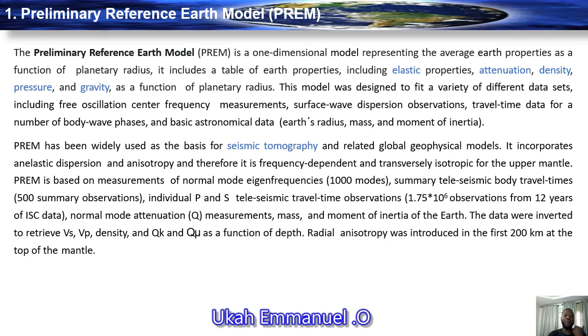This model was produced by Dziewonski and Anderson in 1981 in response to the guidelines of the Standard Earth Model Committee of the International Association of Geodesy and the International Association of Seismology and Physics of the Earth's Interior. This model was constructed to fit a variety of different data sets, including oscillation center frequency measurements, surface wave dispersion observations, travel time data for a number of body wave phases, and basic astronomical data.